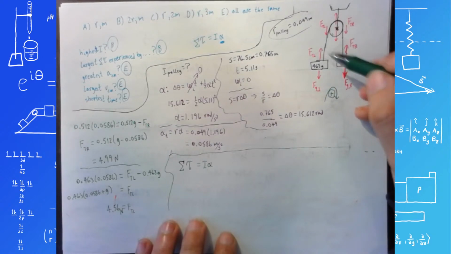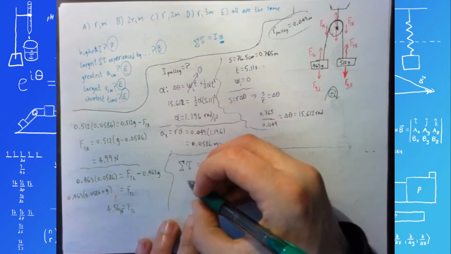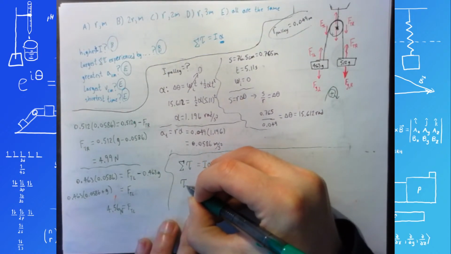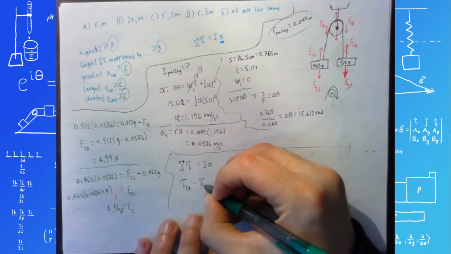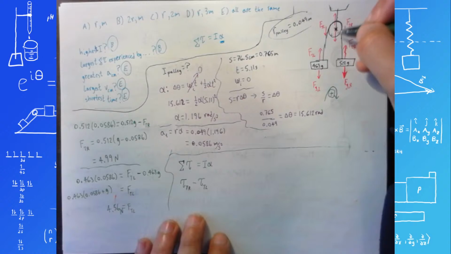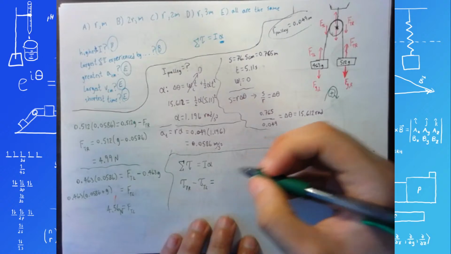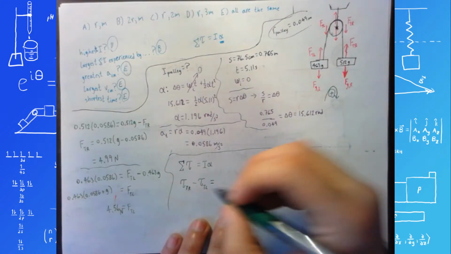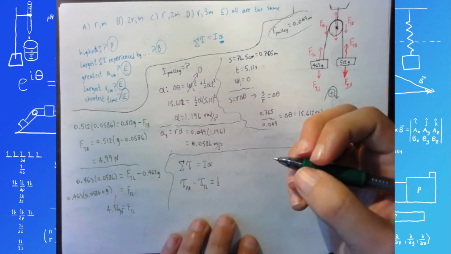Tension left is going to cause a negative or counterclockwise torque. So it's going to be torque of tension right minus torque of tension left.